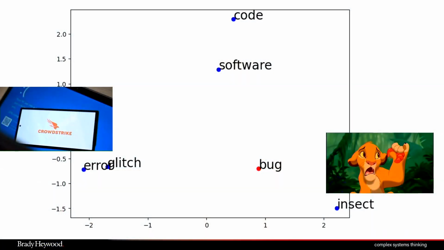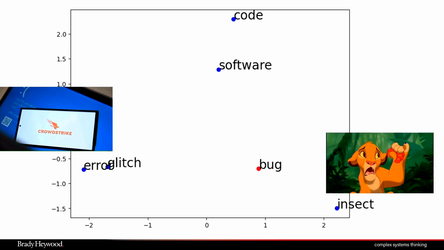But it's not perfect. There's a problem. Word2Vec produces static word embeddings. Therefore, words with multiple meanings end up being encoded as some sort of awkward average between all the contexts in which it appears. So for example, this is a general model, and so you can see the word bug is stuck between insect and error/glitch.